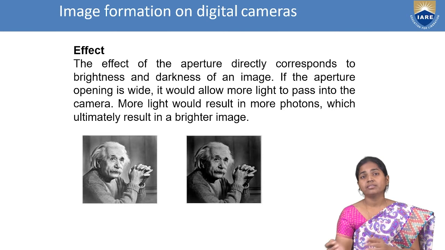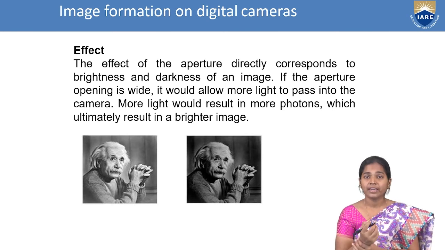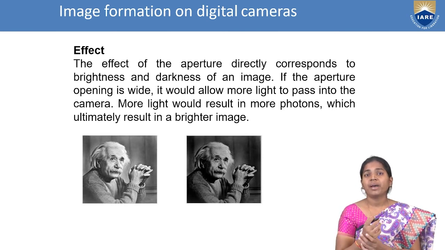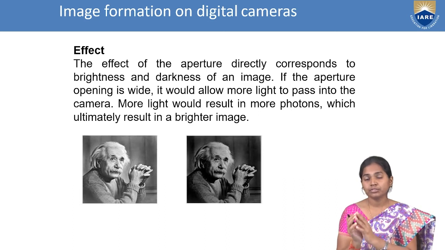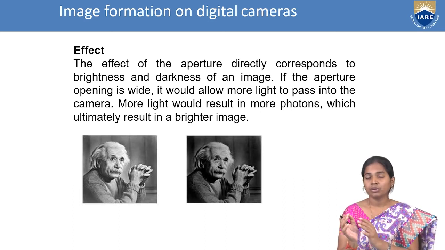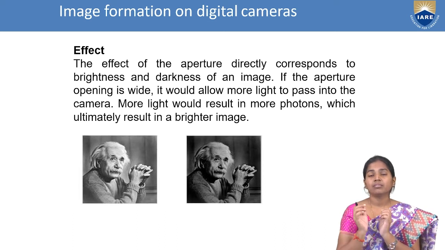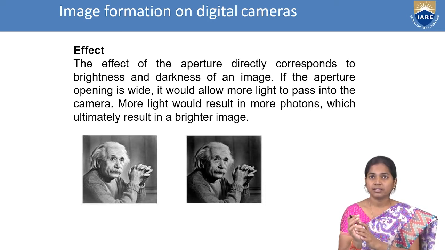If the aperture is widely open, maximum light energy enters our camera and falls on our sensor array, so the maximum number of sensors sense the photons, and the output image is very clear.